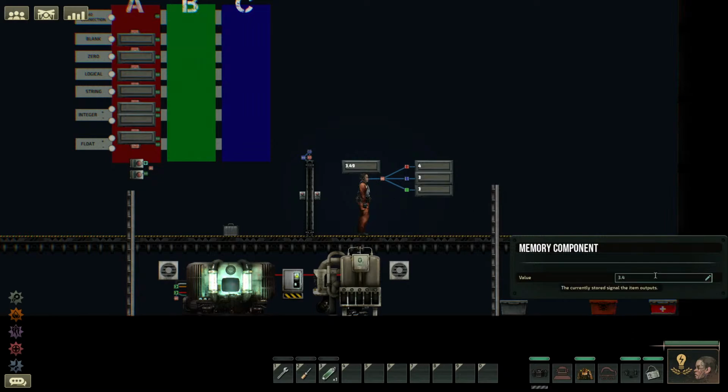If I put 3.5, now the round component's rounding up, the ceiling component always rounds up, and the floor component always rounds down. Right? We could put 3.999999, and that floor component is always going to round that down. But as soon as you get to 4, they're all going to be 4 because it's an integer.